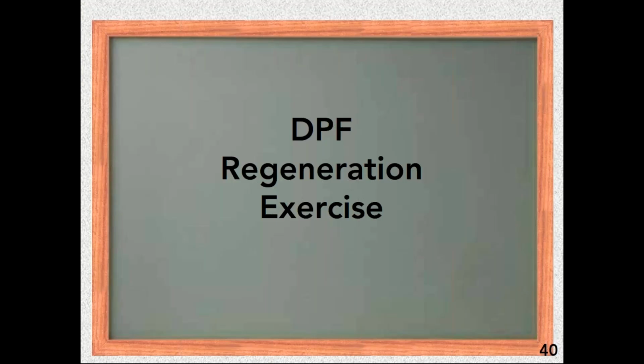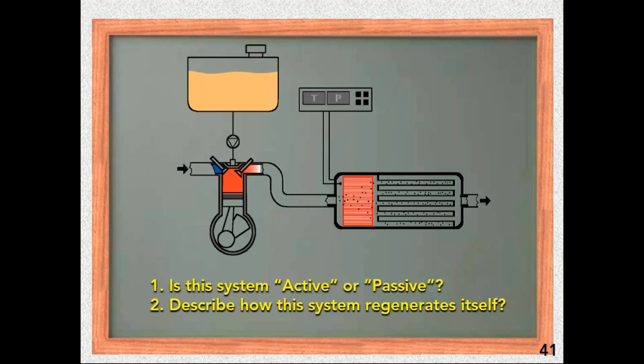Let's take a look at a few of these. First one would be this system here, which you can see in that red rectangle. We already saw this before. This is a diesel oxidation catalyst. So is this active or passive? That DOC was in a passive system. And this one regenerates by allowing that DOC to do two things.